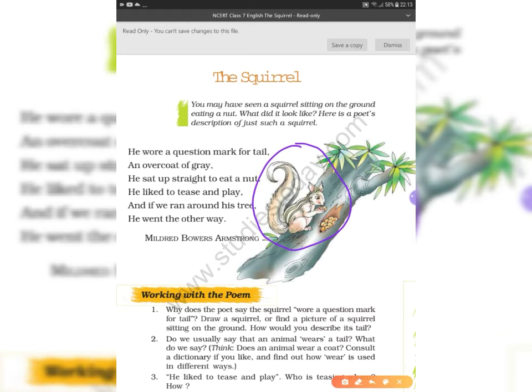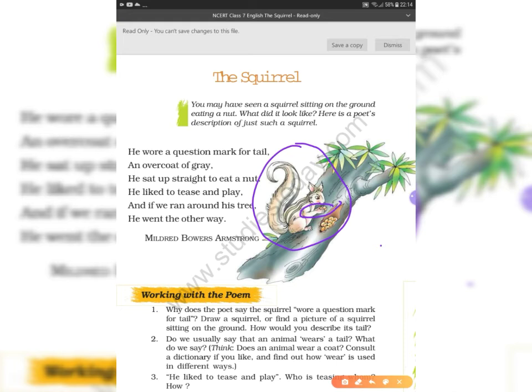If you have seen a squirrel eating a nut, then you might have observed that instead of standing on four legs, it stands on two legs, posturing the tail like a question mark, like doing balance, and with so much love, with the help of two tiny hands.